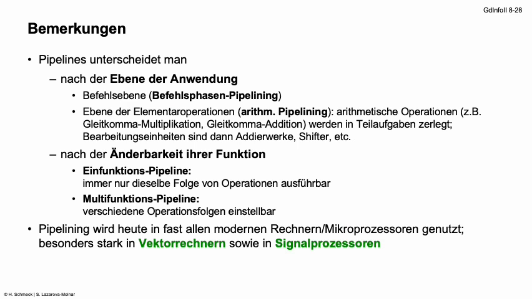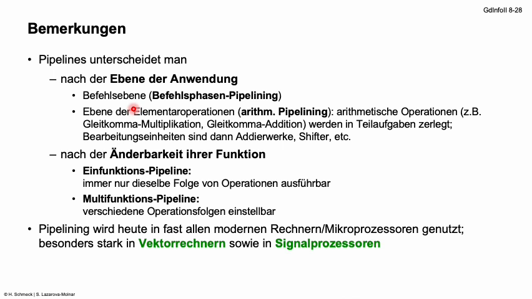So as further remarks, we can differentiate pipelines based on the level of their application or based on the changeability of their function. As we saw on our previous slide, we saw what is known as instruction level parallelism, where we perform parallelism based on the phases of the instruction.